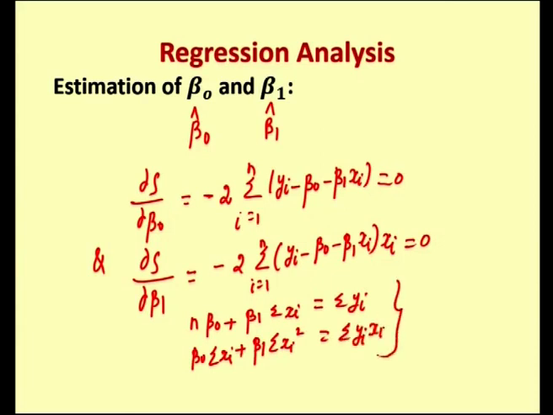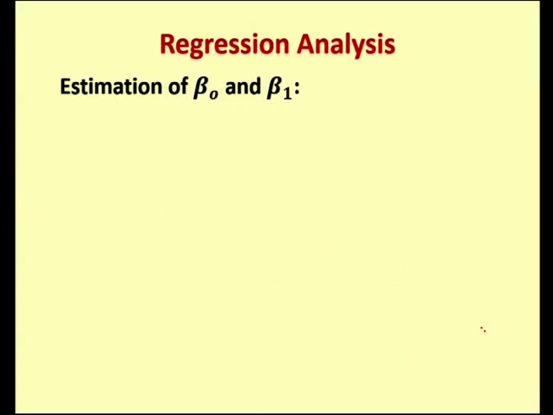These two equations are known as the least squares normal equations. By solving these two equations, we can obtain the values of beta naught and beta 1.